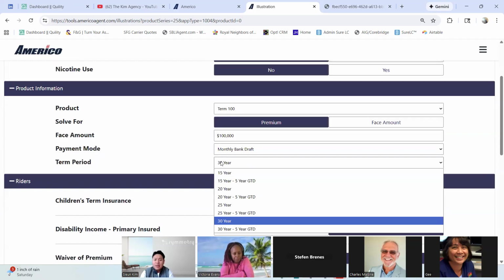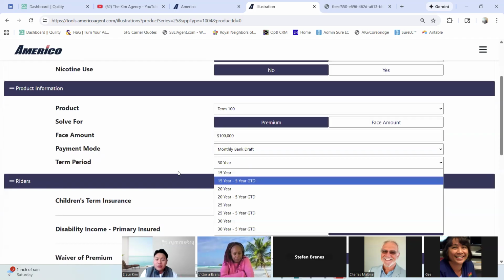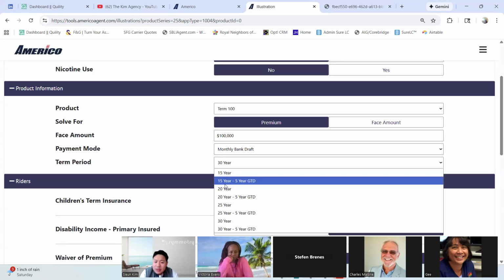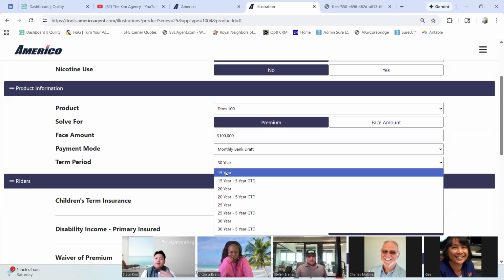And the term period, this was another question from our agents, and I wanted to address this today. Do you see it says 15 years on this one? And then the second one says 15 years with a dash with a 5-year GTD. This means that both of these cover for 15 years, but the first one covers the client with the same level premium, same premium locked in for the 15 years.